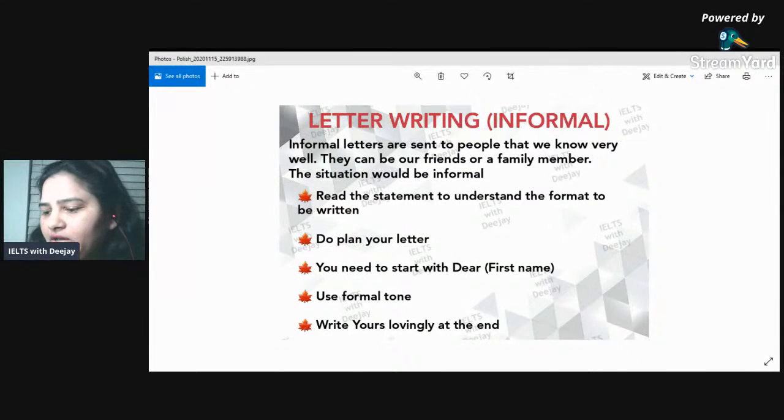Any questions or any doubts related to this semi-formal letters, if you have?